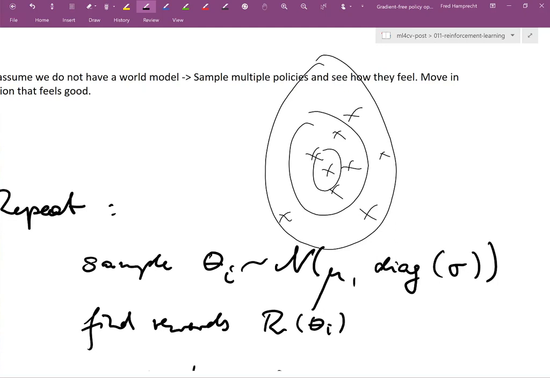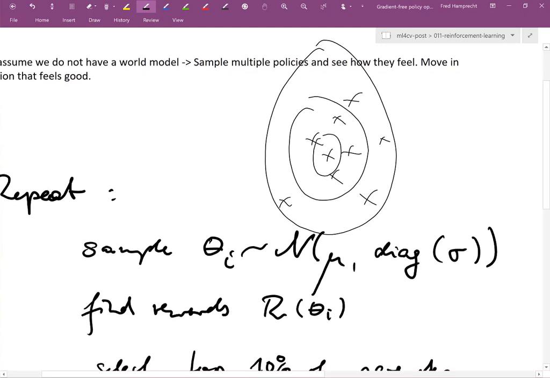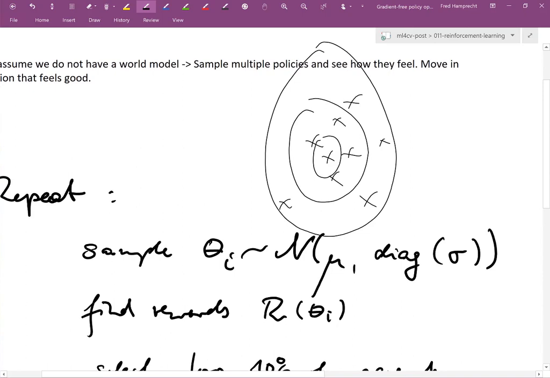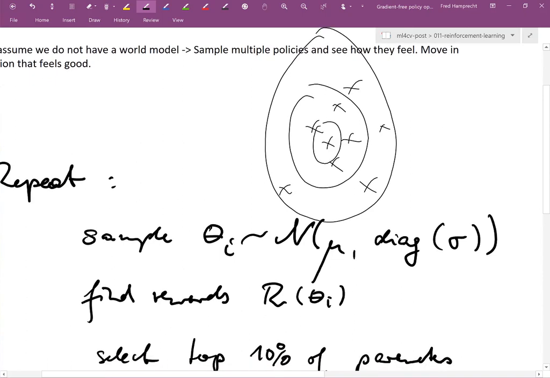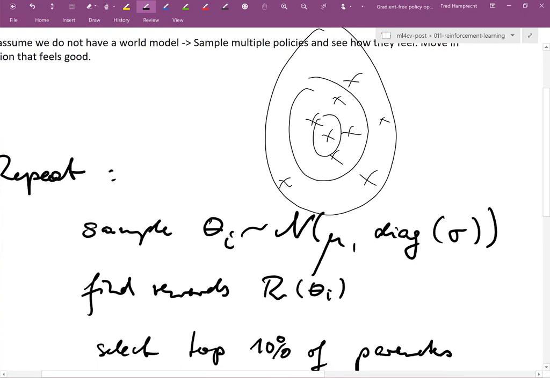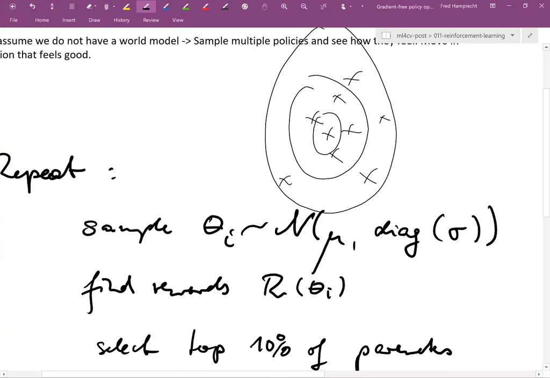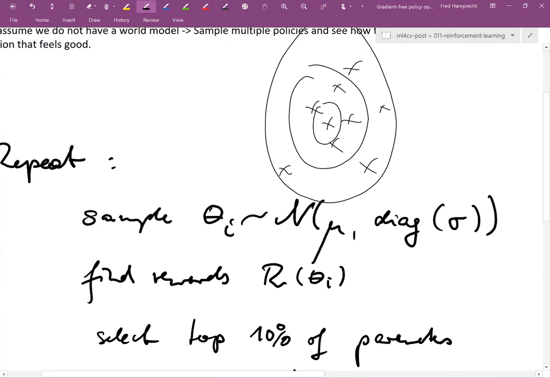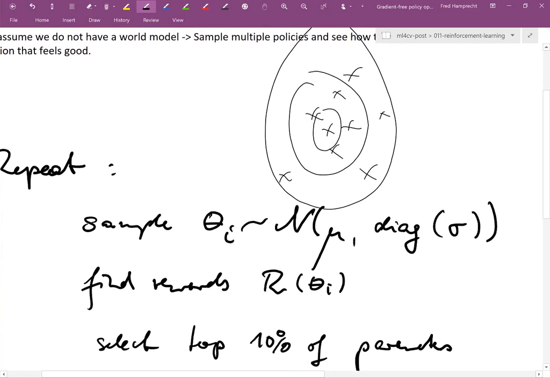And then we record for each of these trajectories, for example, how long the robot has managed to not fall over. Or if we wanted to learn to walk to the right, how far it has managed to walk to the right. And this we encode in terms of rewards. So let's say the larger the better. And then we select those policies that earned the highest reward.